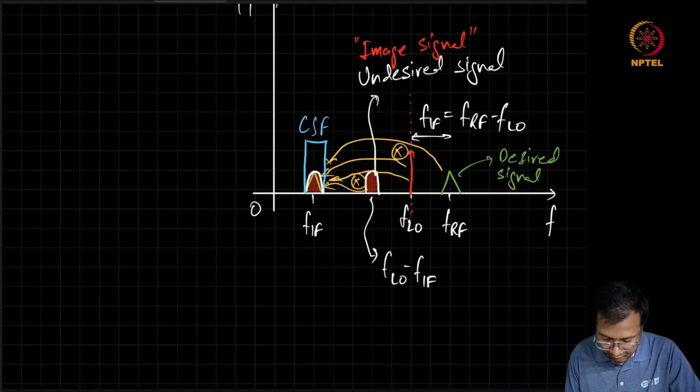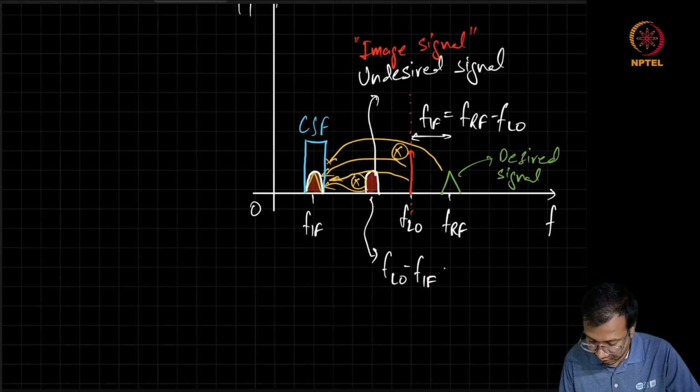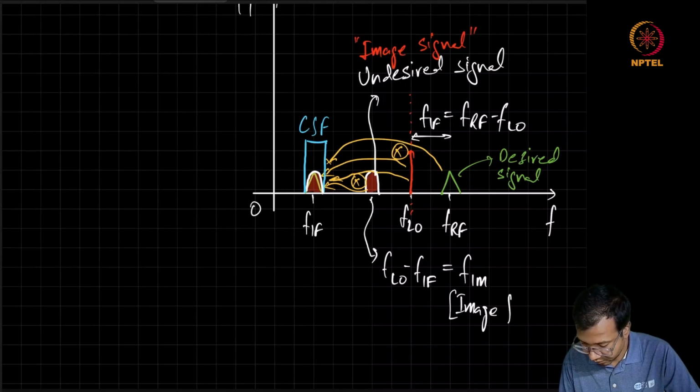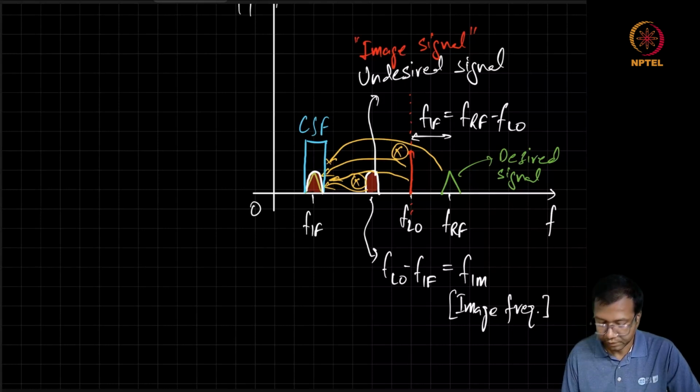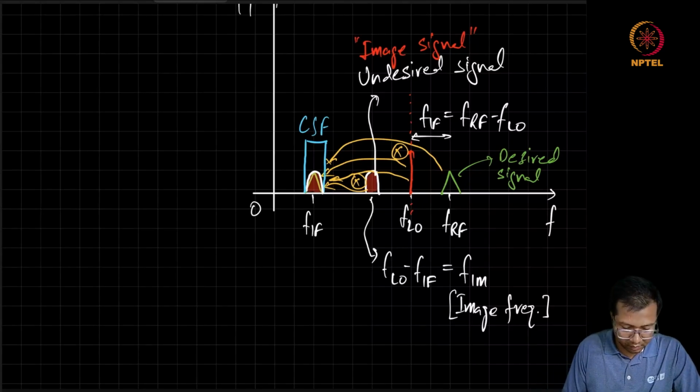This frequency, FLO minus FIF, is also called image frequency. Here we can easily see that this image is going to directly interfere with our desired signal after down conversion.